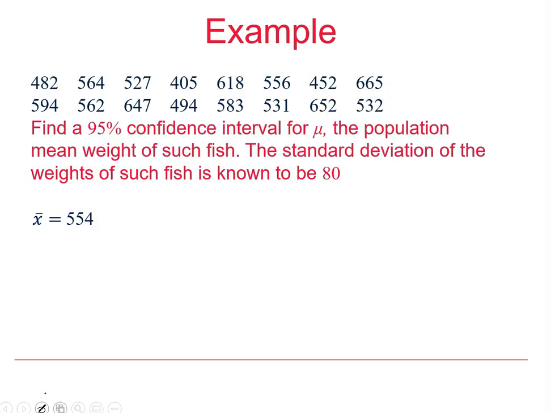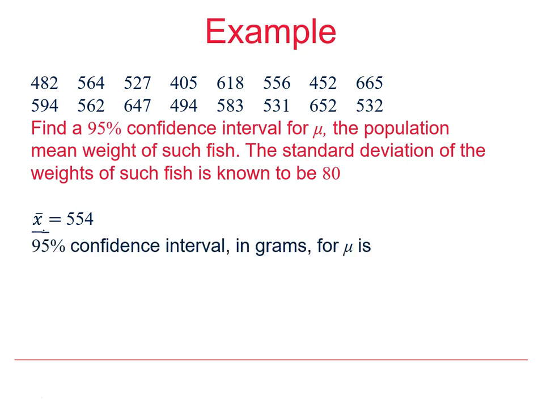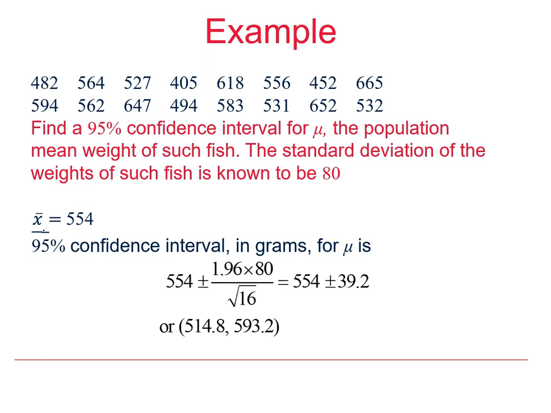So the first thing to do would be to evaluate the sample mean for this particular sample from your calculator, and then we use that formula using a z-score of 1.96 because it's a 95% confidence interval.